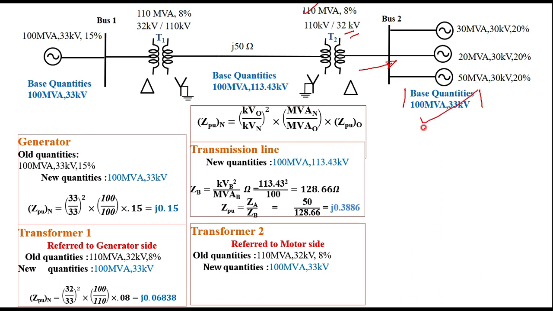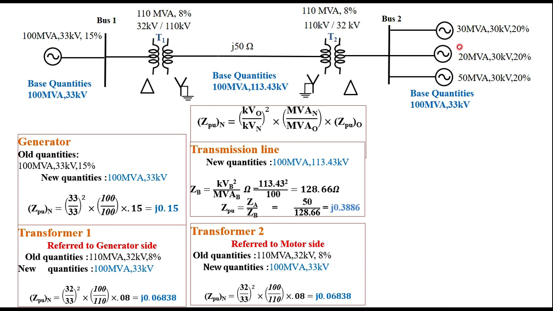Whereas the new base quantities are 100 MVA, 33 kilovolts. Then you can substitute Z per unit new equals 33 by 32 whole square, where 32 is old and 33 is new, into 100 by 110. Then you get 0.06838 as the per unit value of transformer 2.